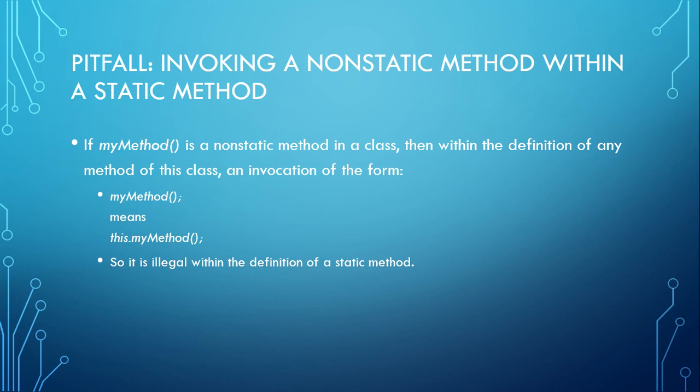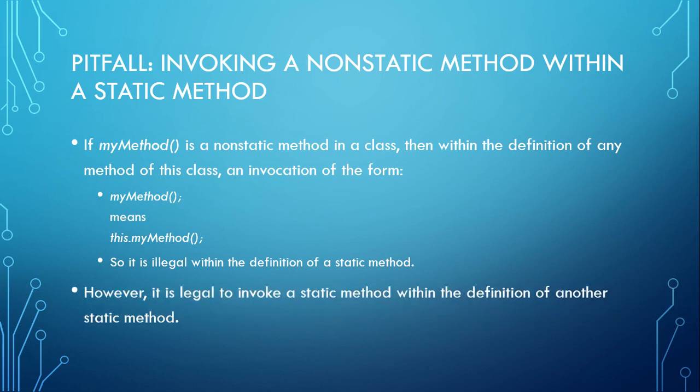It's not going to work. However, it is legal to invoke a static method within the definition of another static method. So you can do statics inside of statics, but you cannot do non-statics within statics. Just remember, a non-static is simply a regular method. All the methods that we've done up to this point pretty much have been regular non-static methods.